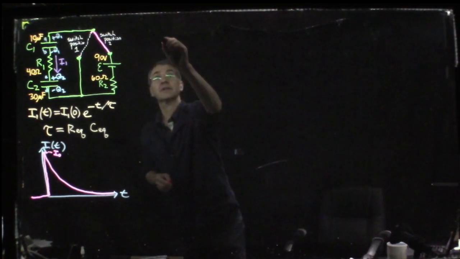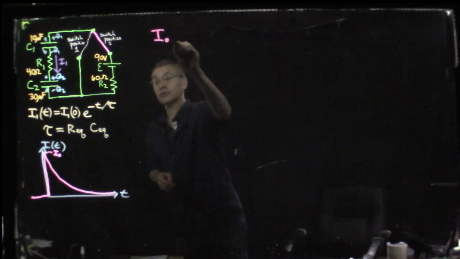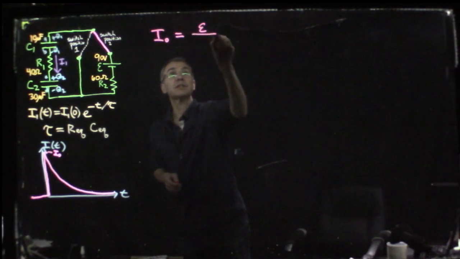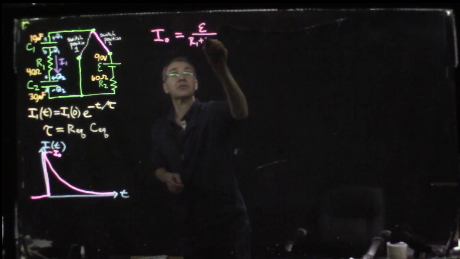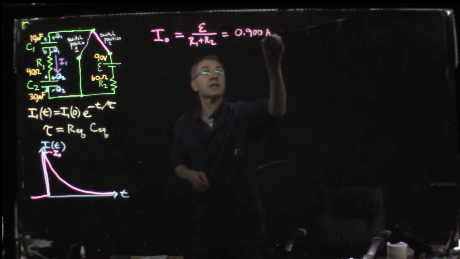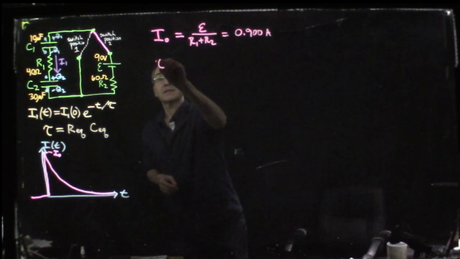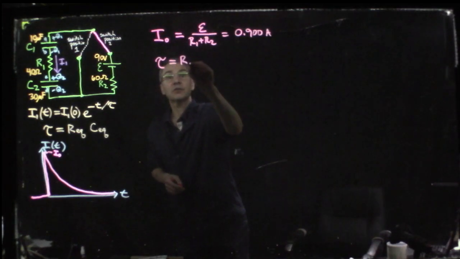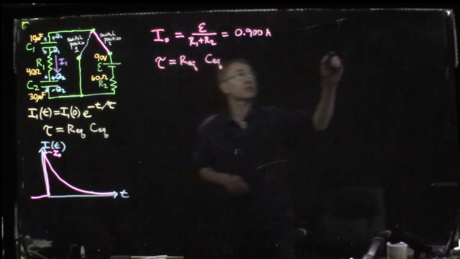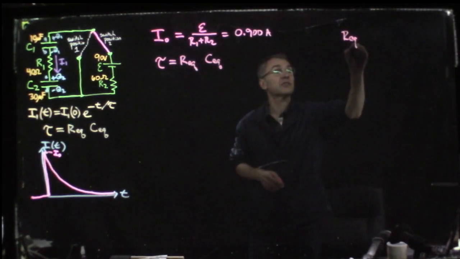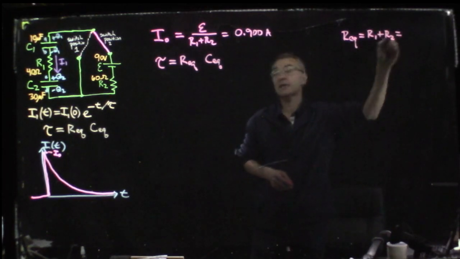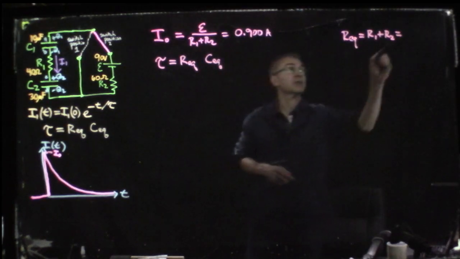We have this result from a moment ago that the initial current was the battery EMF divided by R1 plus R2, and that was 0.900 amps. And then the time constant is the equivalent resistance times the equivalent capacitance. The equivalent resistance is just R1 plus R2, which is 100 ohms.